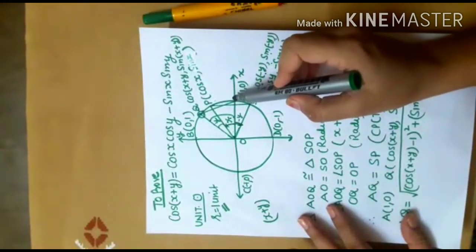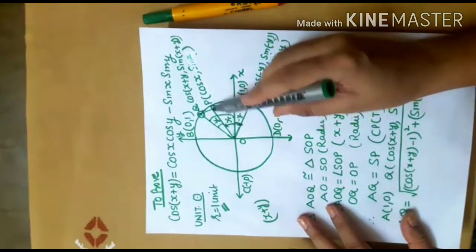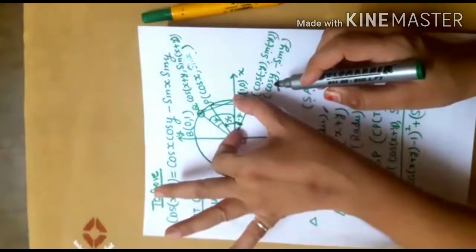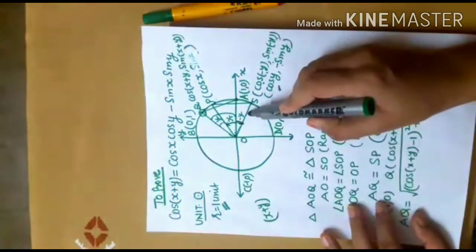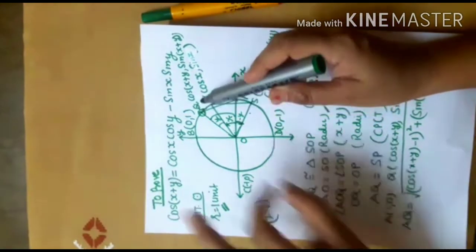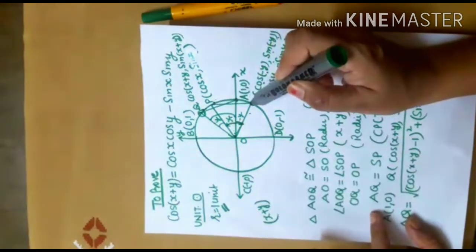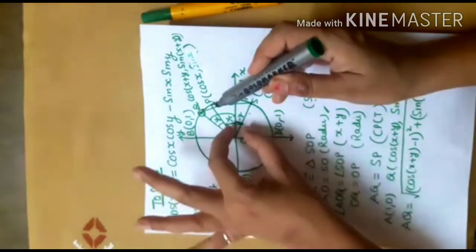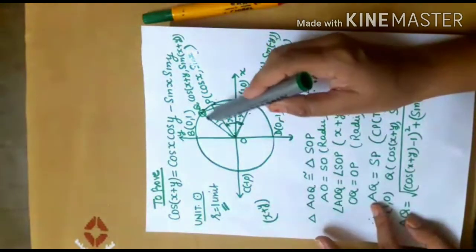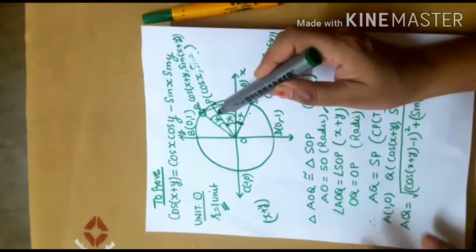Now clearly triangle AOQ is congruent to triangle SOP because AO is equal to SO. Angle AOQ is x plus y, and angle SOP is also x plus y in magnitude, and OQ is equal to OP, again the radii of the circle.